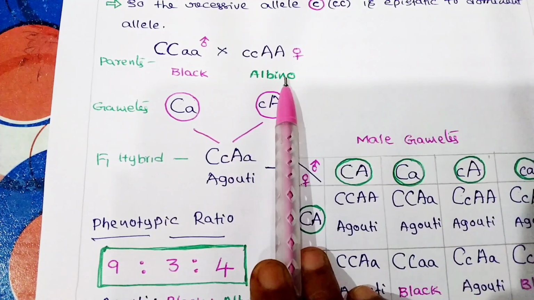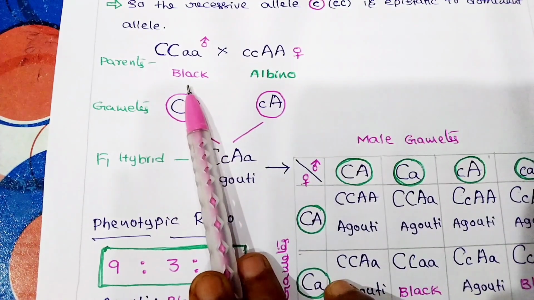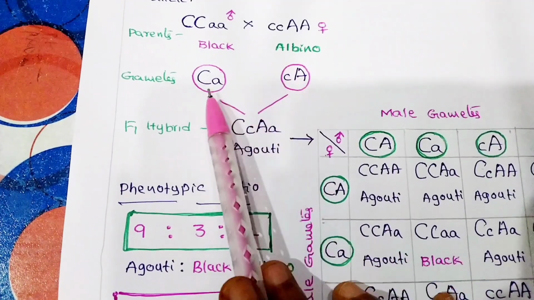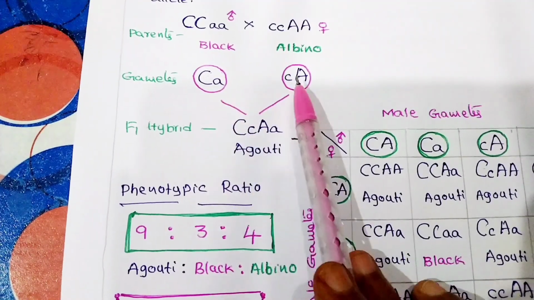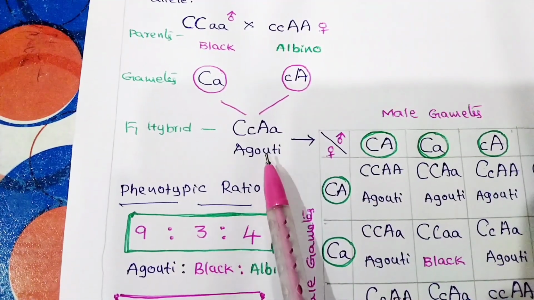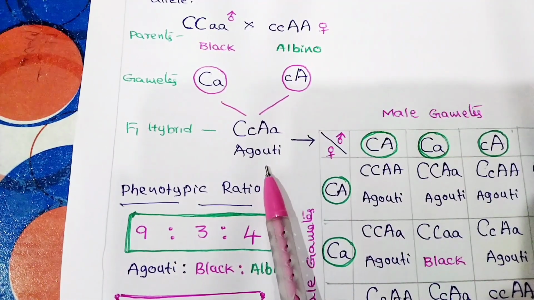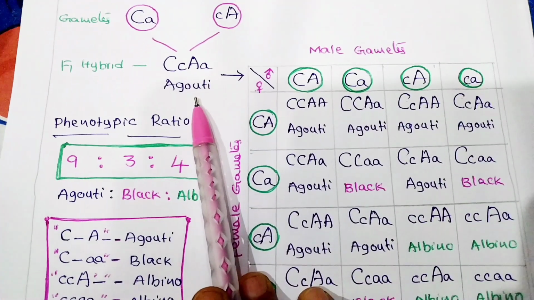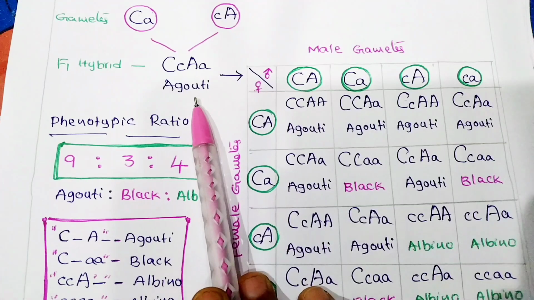So when a black individual is crossed with an albino individual, when capital C and capital A come together in the F1 individual, they will produce agouti color.